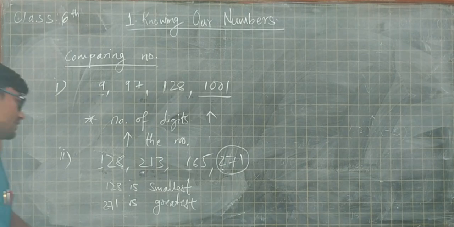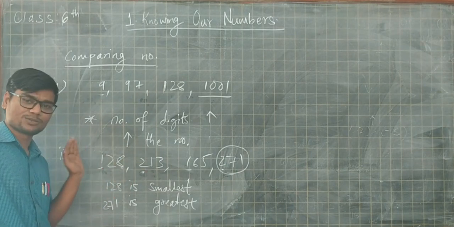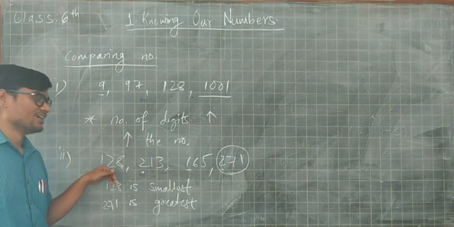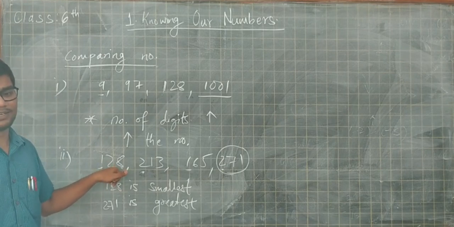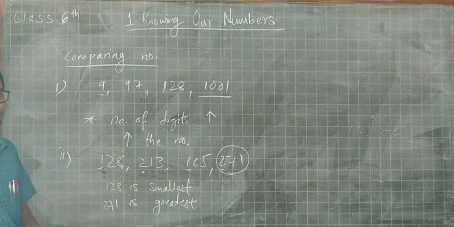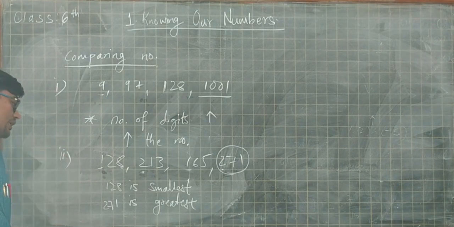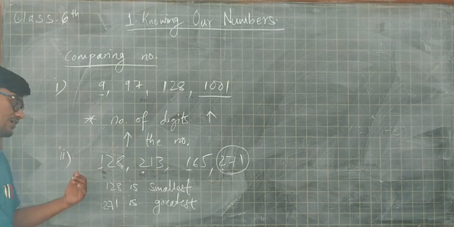So what is the process? We have to look at the highest place value and compare the digits at the highest place value. Greater the digit, greater will be the number. If at the greatest place value the digits are the same, then we move on to the place value which is less than the earlier place value.